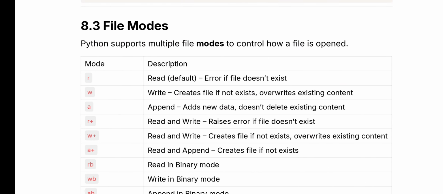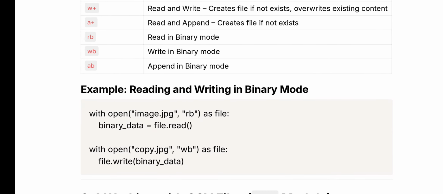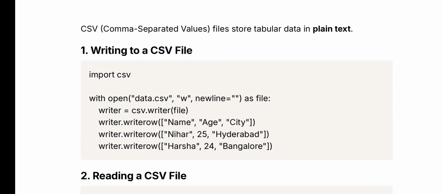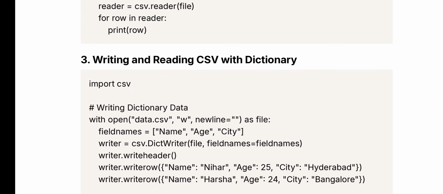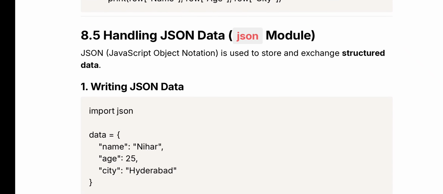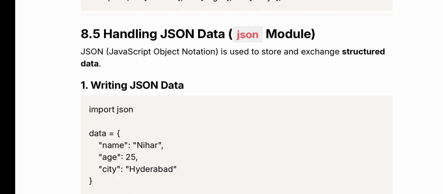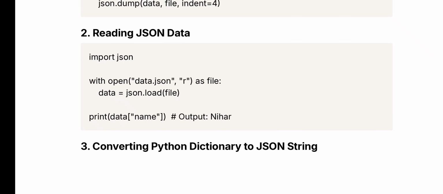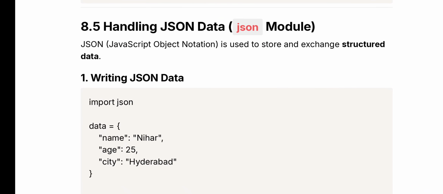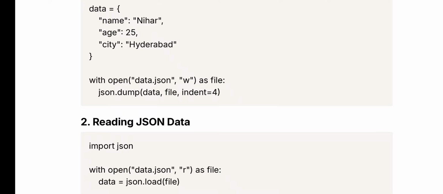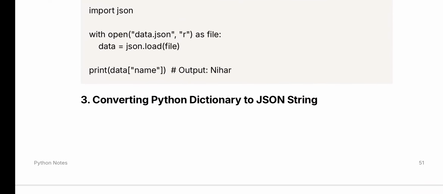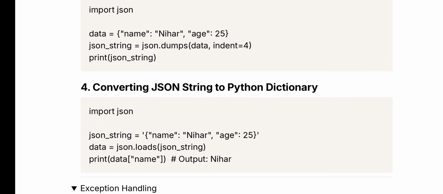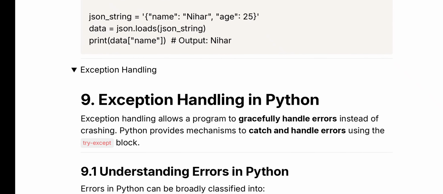Okay, and we have talked about the different types of file modes, and also how to work with CSV files, and we have talked about handling JSON data, like writing the JSON data, reading the JSON data, converting Python dictionary to JSON string, converting JSON string to Python dictionary, and many other topics.